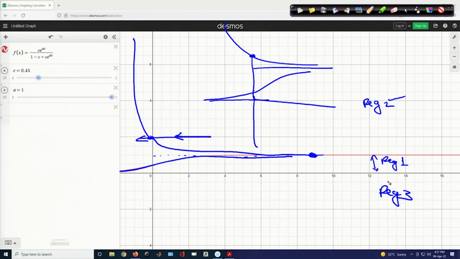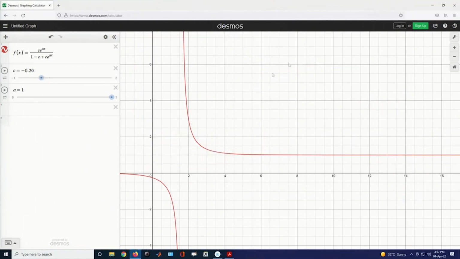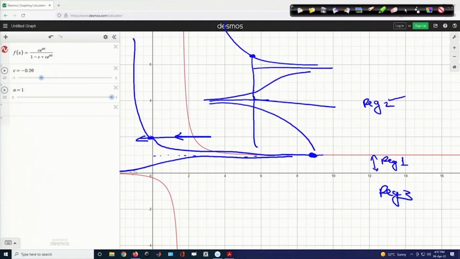Now, region 3, so you go for negative initial condition. You see here, as we said we would draw this, and this is exactly what you got.